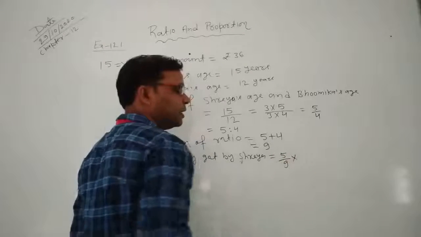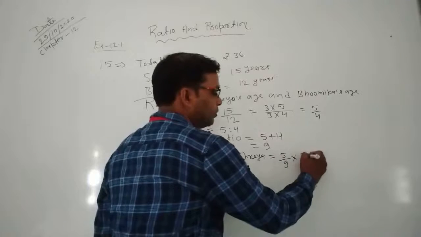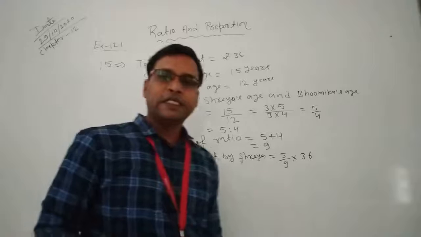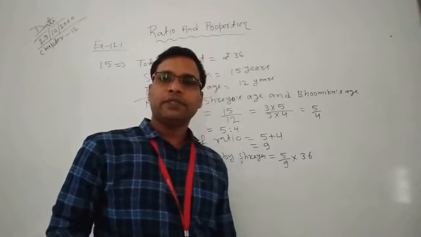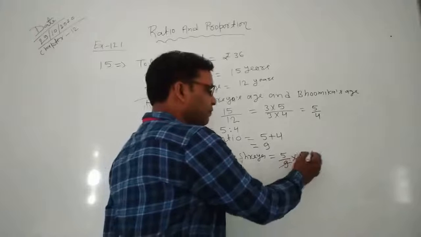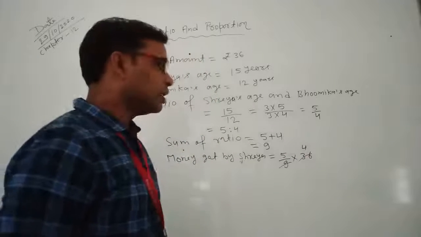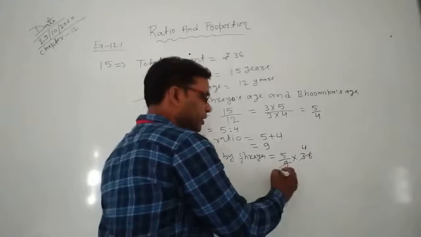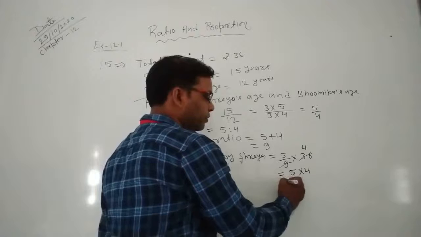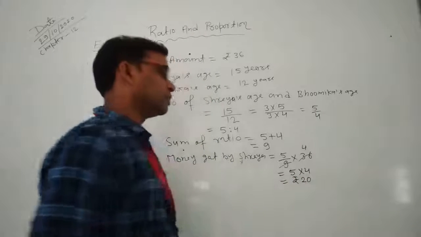So 5 by 9 into 36. So you can divide 36 by 9. How many times? 4 times. So 9 4 ja 36. It means that this is equal to 5 into 4. So we obtain here 5 into 4 is equal to 20 rupees.